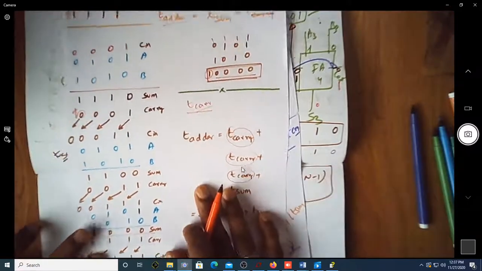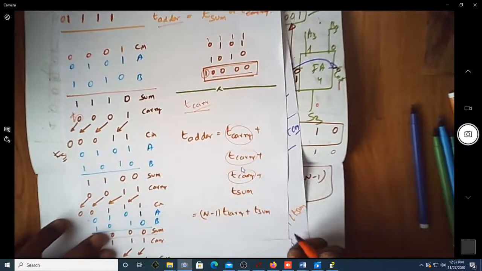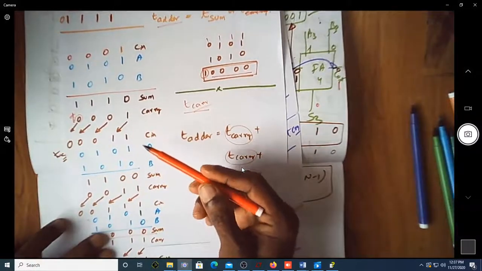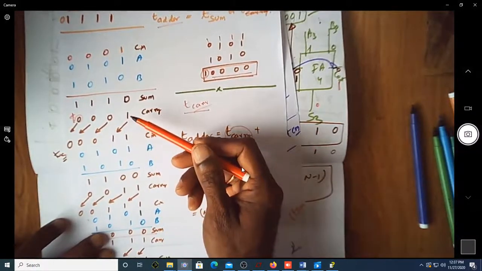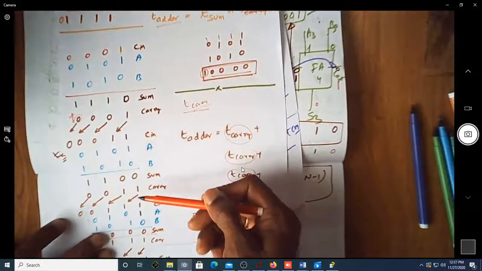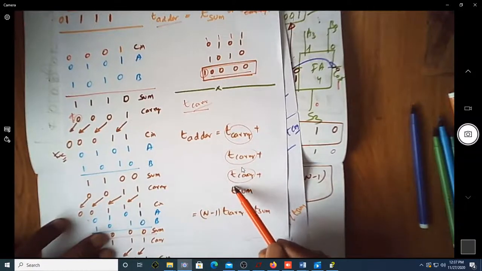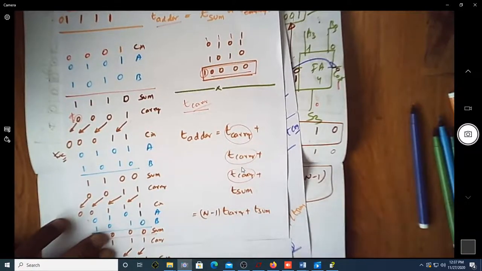If you count the amount of time it has taken to give the final output, it is the time required to generate the carry thrice. First it has generated here, then here, then here, and once the carry is generated, it will take some time to generate the final sum.